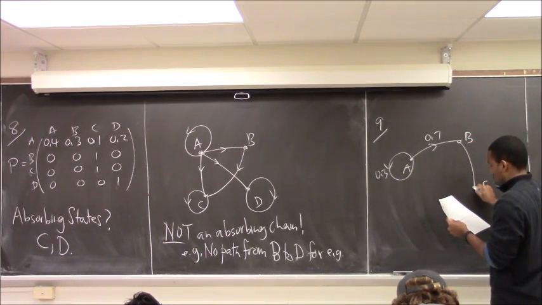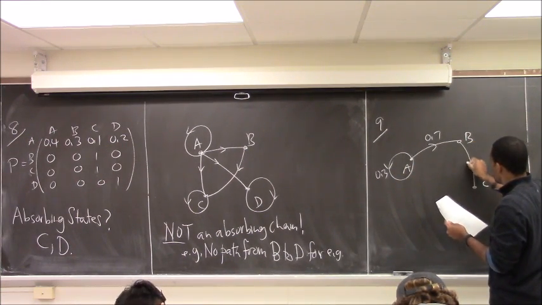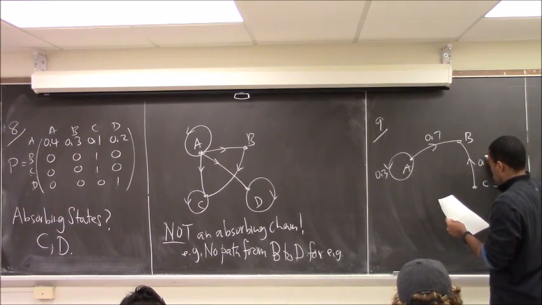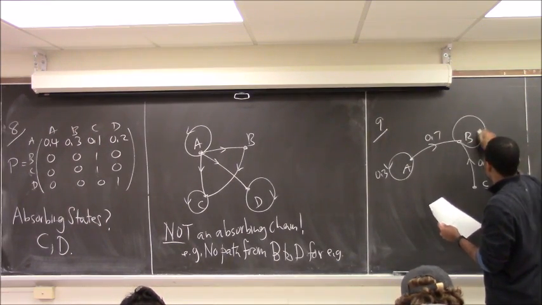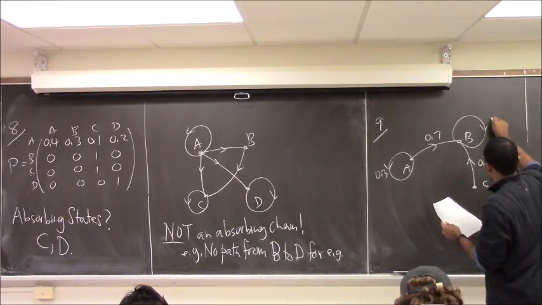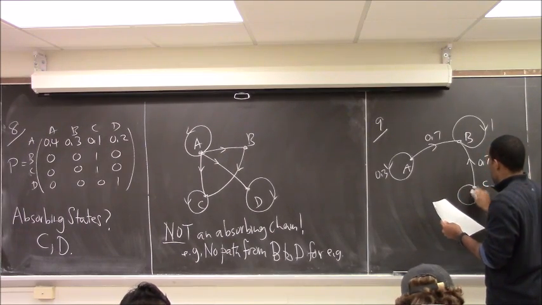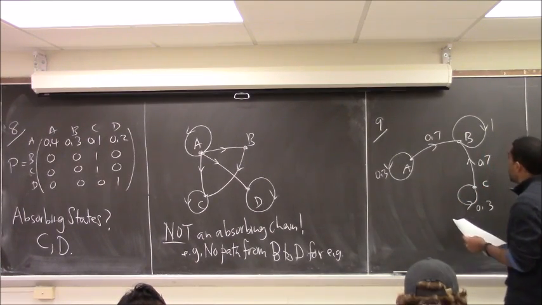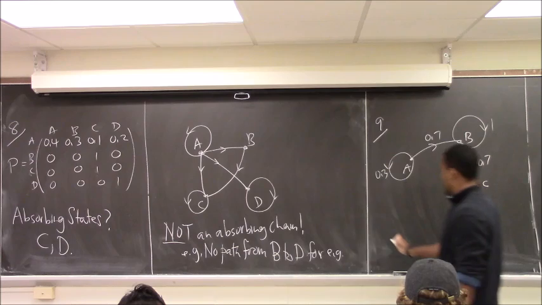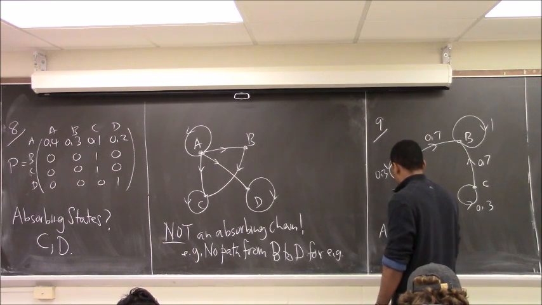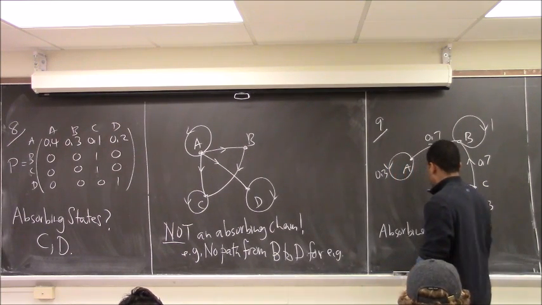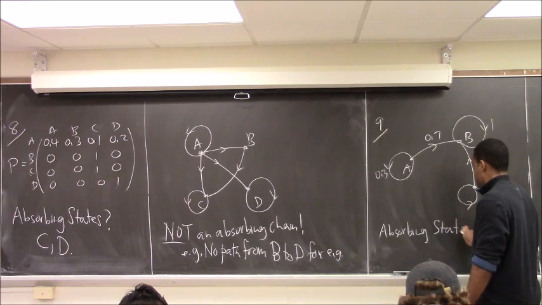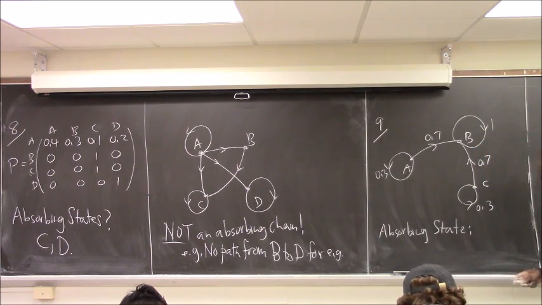C goes to B, 0.7. B only goes to itself with 1. And C goes to itself, 0.3. Absorbing state. Are there any? B is an absorbing state.